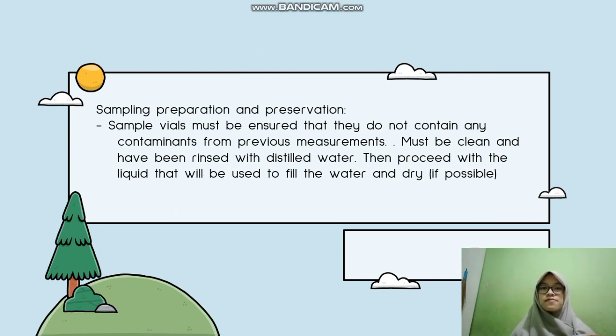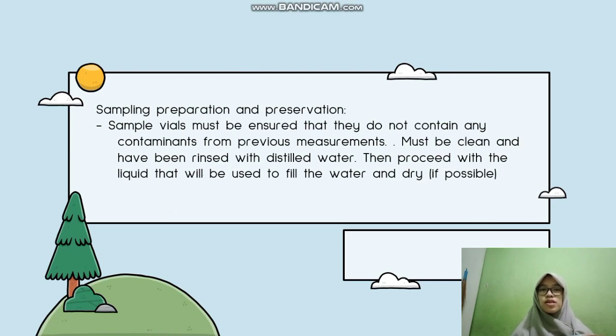1. Sample containers must be prepared so that they do not contain any contaminants from previous measurements. So, we have to be careful because the concentration that we analyze is very small.